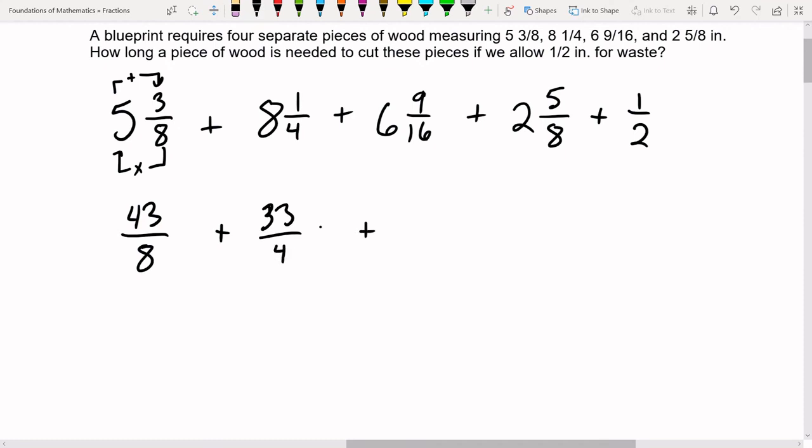I'll add some space there for extra parts. 16 times 6, I can't think of that off the top of my head, that's 96. 96 plus 9 would be 105.